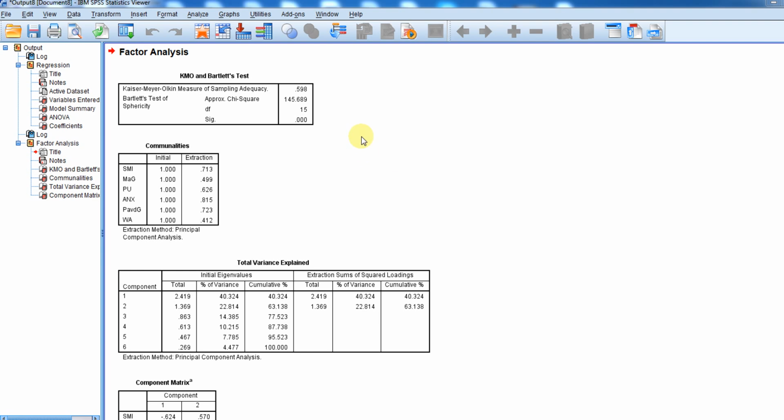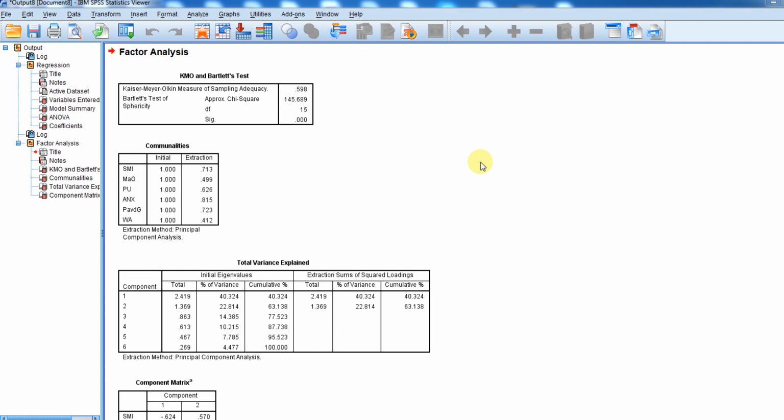But Bartlett's test of sphericity was statistically significant, so this does suggest that we have a significant difference between our correlation matrix among our measured variables and an identity matrix. That is better evidence that it's appropriate to carry out our components analysis.